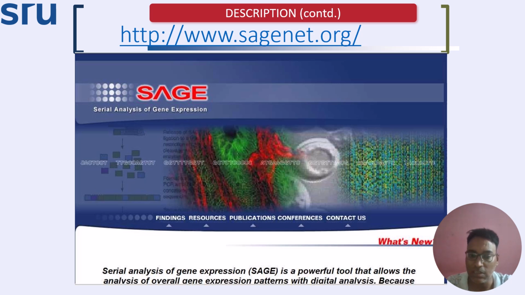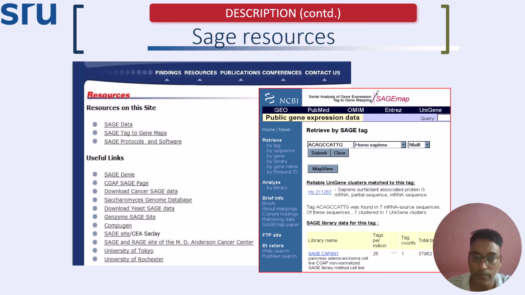This is another tool, SAGEnet. The complete expression data of various genes can be analyzed together using SAGEnet. And on PubMed also, I can retrieve my SAGE data.